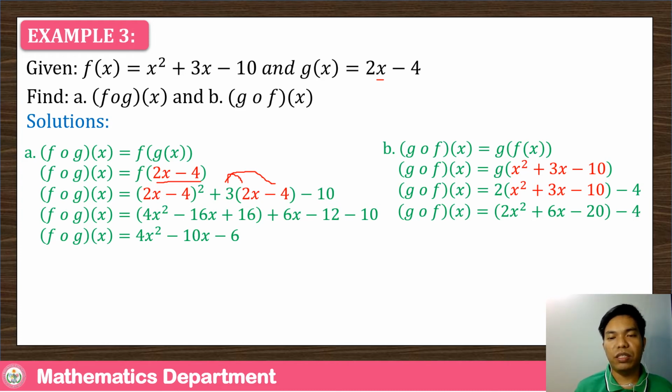So we just distributed yung ating 2 dito sa loob. Dito sa labas, i-distribute natin siya doon sa loob. And then we have here minus 4. So again, we combine like terms. So ang magiging answer natin dito ay 2x squared plus 6x minus 24.